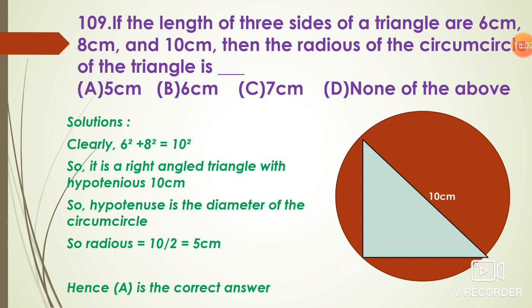So it will be a right angle triangle, and the longest side, that means 10 centimeter, will be the hypotenuse. And we know that in case of a right angle triangle, the hypotenuse is always the diameter of the circumcircle. So 10 centimeter is the diameter of the circumcircle. So radius will be 10 by 2, that means 5 centimeter. So A is the correct answer.